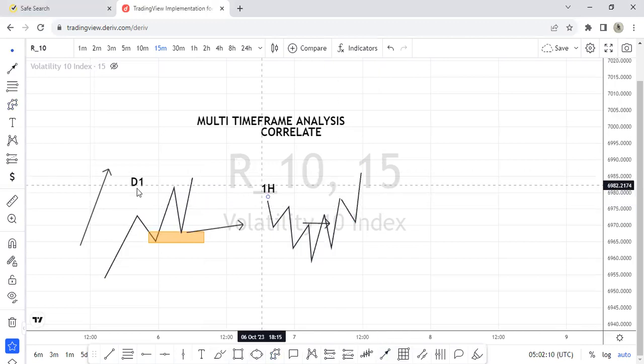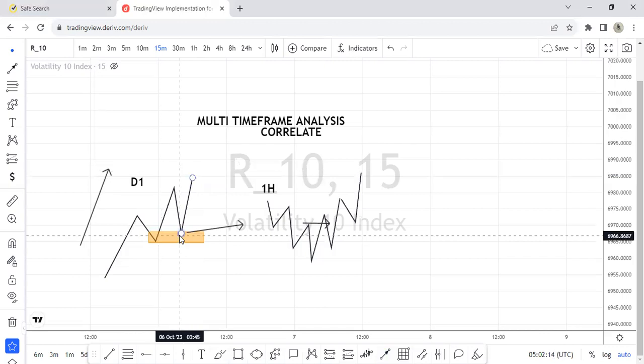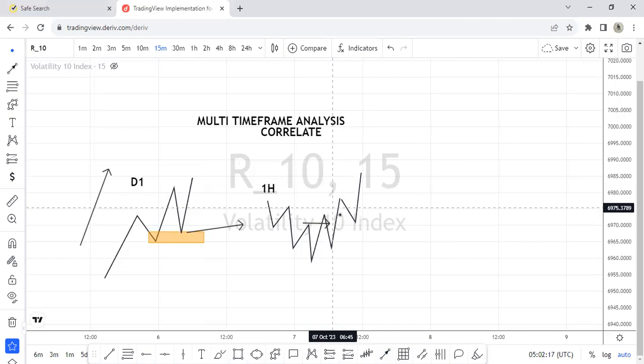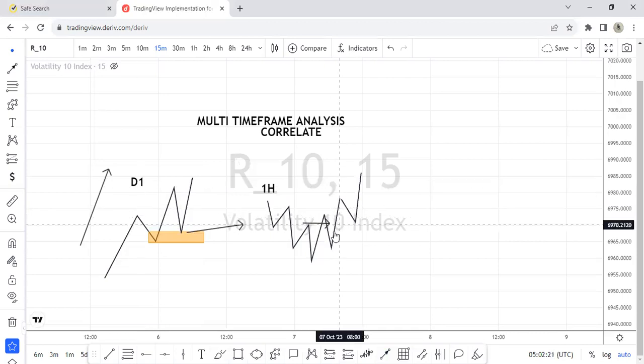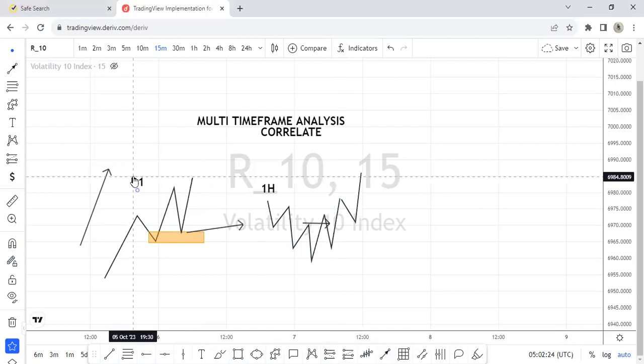So once the daily comes to a point of interest, you go to a lower time frame and wait for the market to break in the same overall direction as the daily chart. You want to see the 1 hour printing the same structure as the daily time frame. That is what time frame correlation means. You want to see the ideas printing and looking alike.